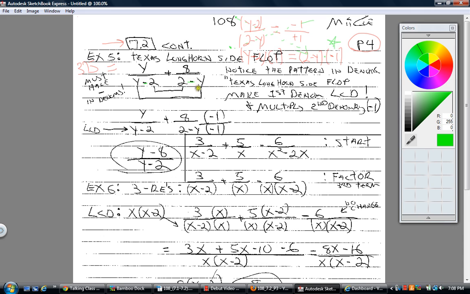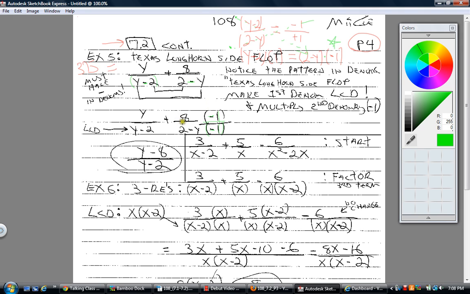When you see this pattern, you're going to recognize the first denominator, y minus 2, is the LCD. All you're going to do is multiply 2 minus y by that -1, and then you're going to stack it, because again, that's equivalent to 1.